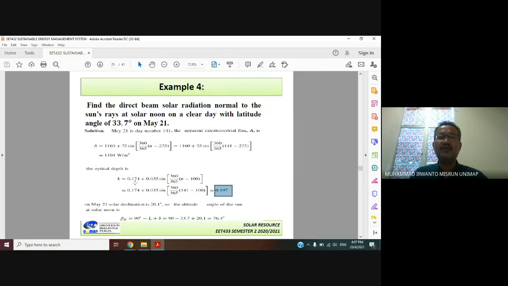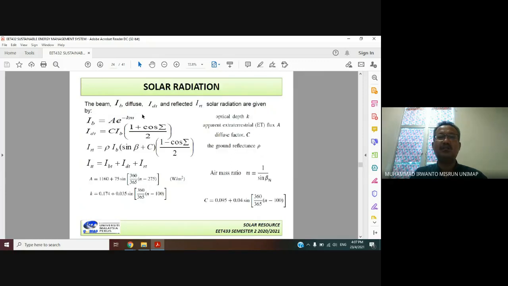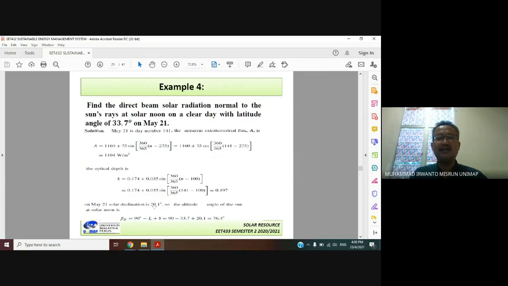And then we have to calculate the value of M, the air mass ratio. M is equal to 1 over the sine of the altitude angle, beta N. Beta N can be calculated by 90 minus L plus delta.